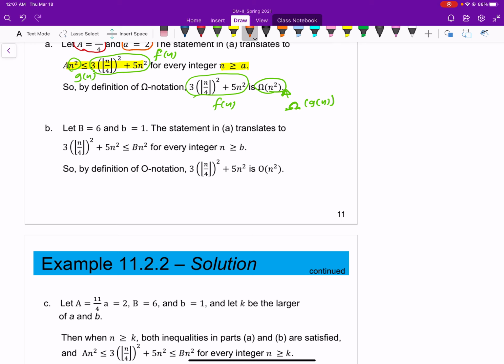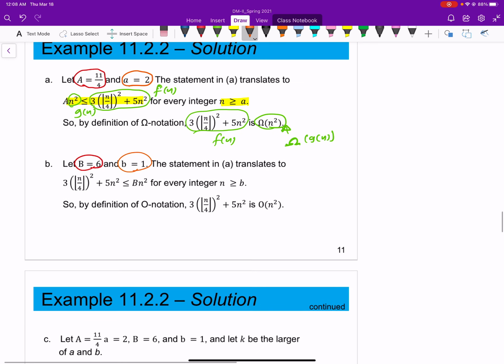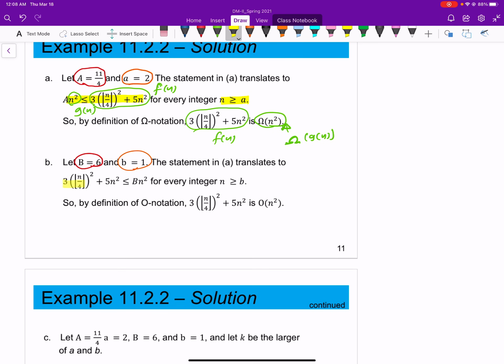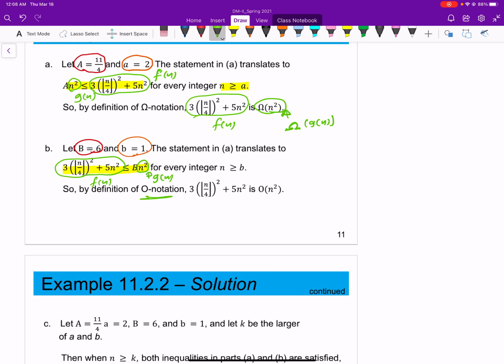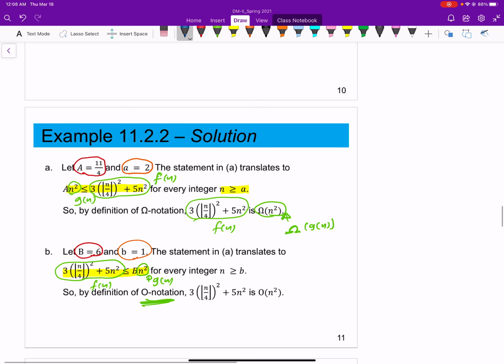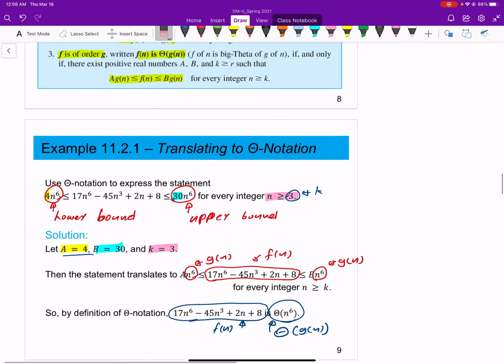Okay, in that case, this is uppercase B, this is lowercase b, which is 1. And then you can write this statement. Here, this is same as g of n, that is same as f of n. All right, and then just go to big O notation in the definition.